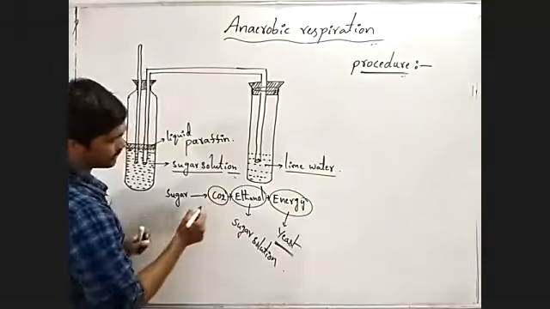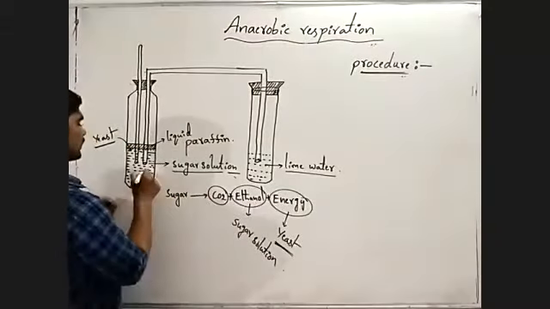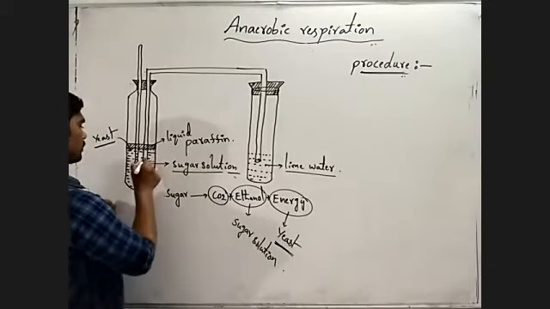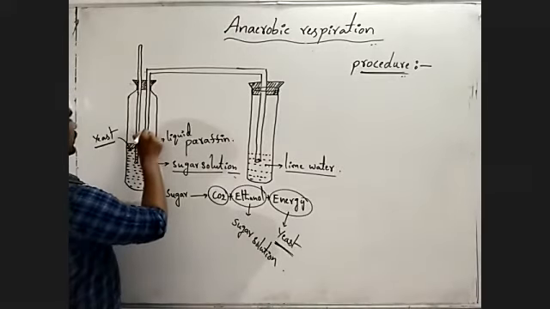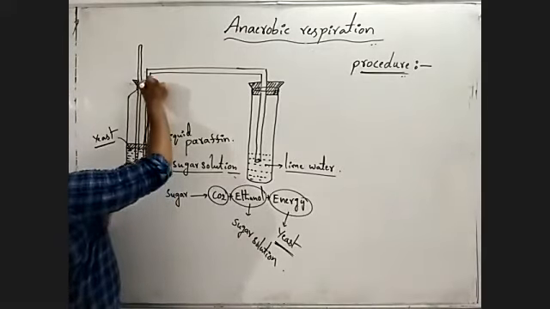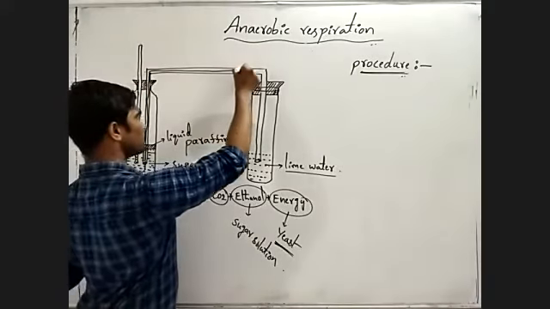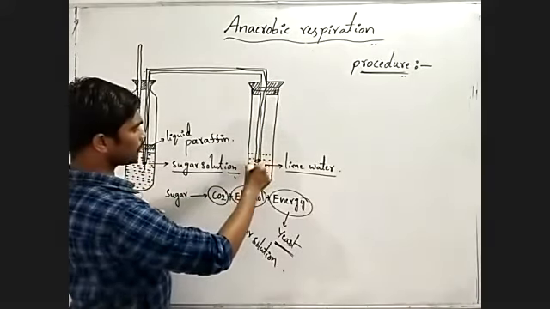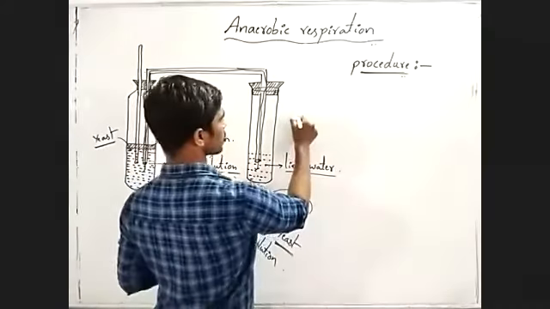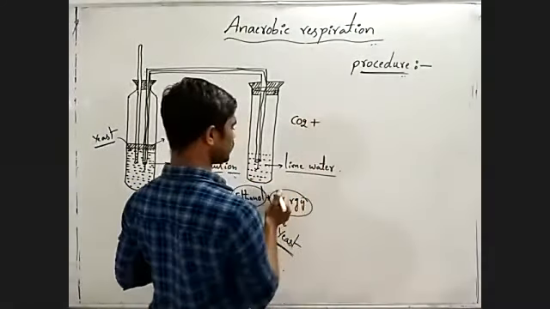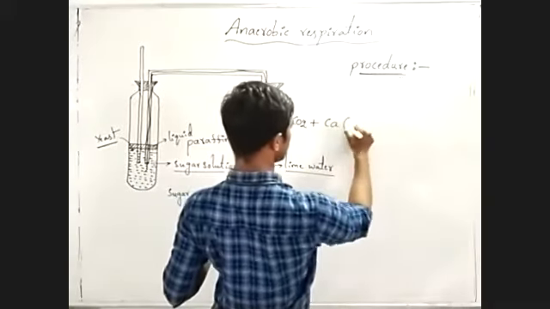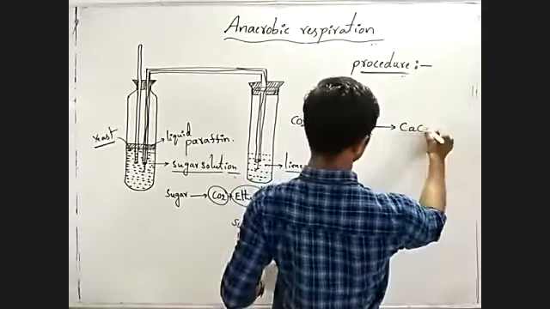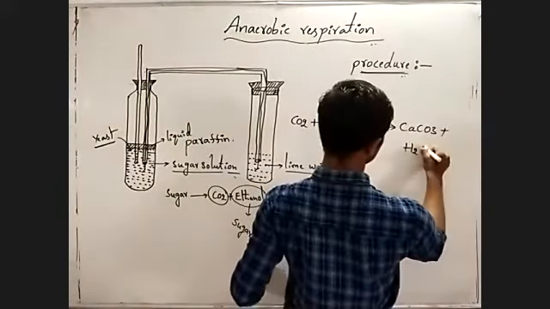Carbon dioxide enters the delivery tube and travels through it from the bottle containing the sugar solution to the bottle containing the lime water, and ultimately reacts with the lime water and forms calcium carbonate plus water.